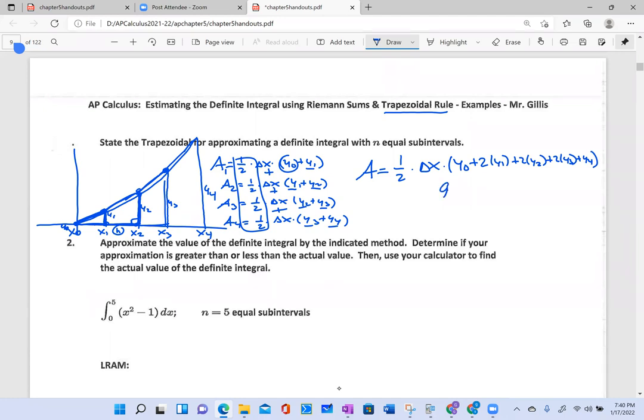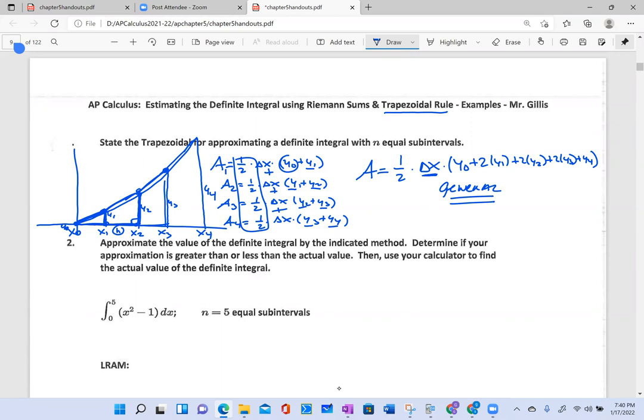And that's a general rule for a trapezoidal sum when we have equal subintervals, because we factor out that delta x when delta x is common. If delta x is not the same for each subinterval, then it's recommended that we find the area of each trapezoid and simply add them up.